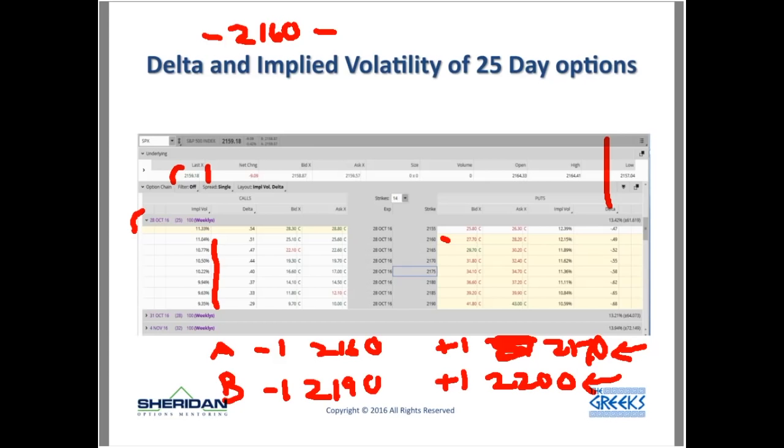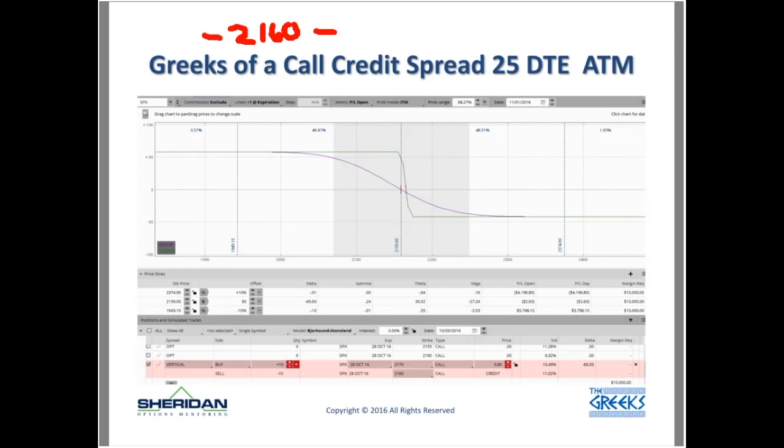Most of you said A, so what do you think the answer is? It's, of course, it's B, right? Right, so let's take a look at this. Greeks of a call credit spread. Here's a call credit spread at the money, right? Where you're selling the 2160s at the money, and you're buying the 2170s.